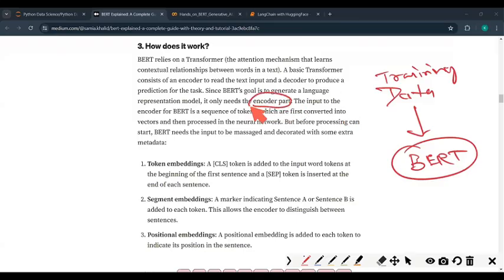I don't need the decoder part because BERT is not trying to do the prediction as of now. BERT is only trying to learn the data and create a language model. So the predictions or the question answering and all of that will be done later. So for now, it will be only using the encoder for making a language representation, a language model.